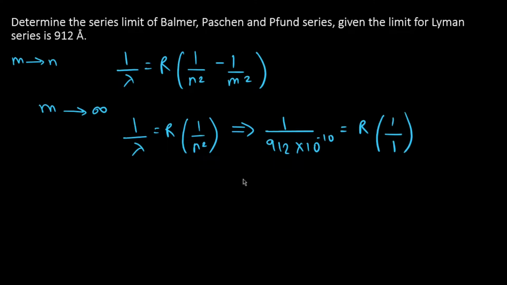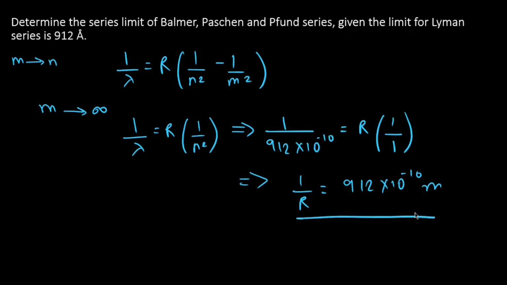So we can write it as 1 by R equal to 912 into 10 raised to minus 10 meter.